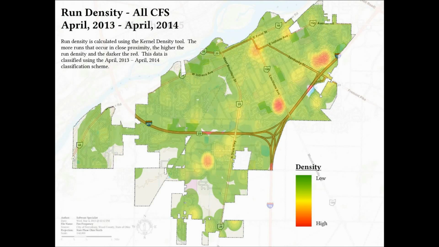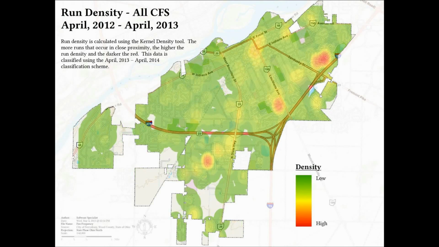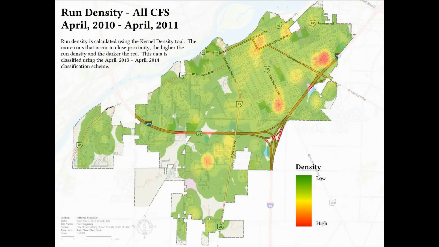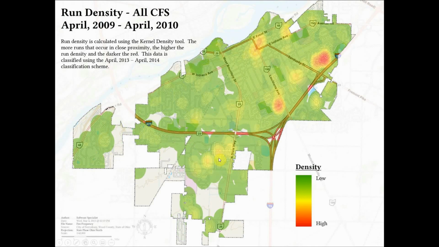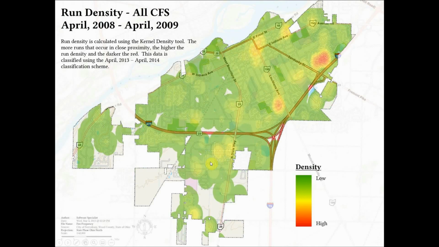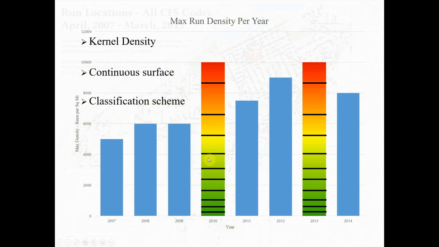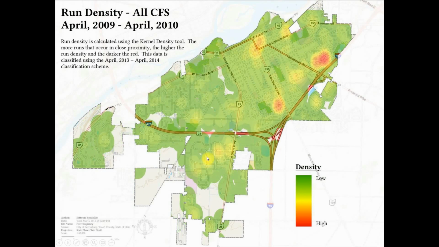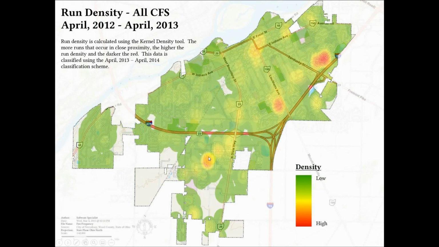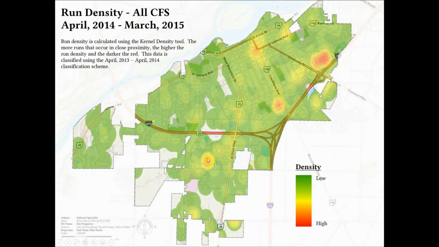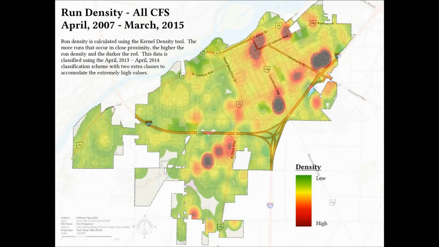And as we go back, we can directly compare between years, and especially if you watch down here, we can see how that was nothing, but it grows, right? You can see calls for service grow year over year because we're using a classification scheme that lets us compare year over year.